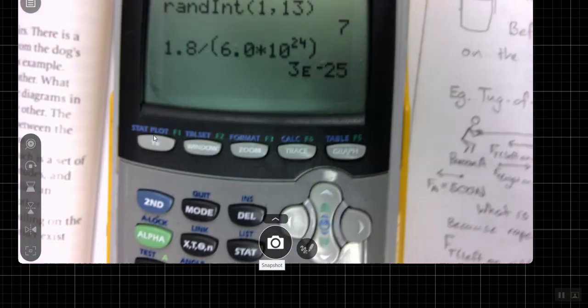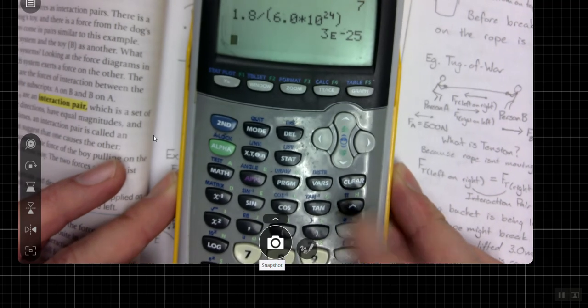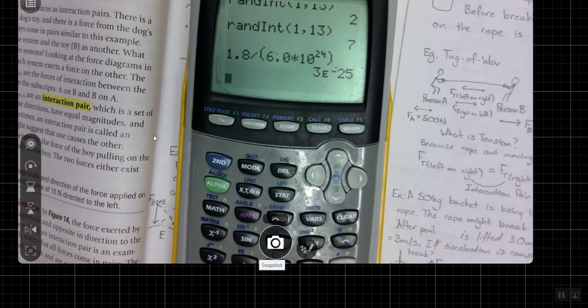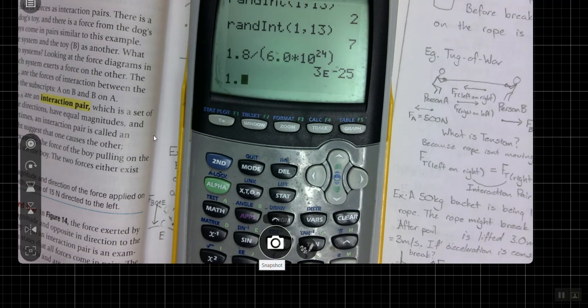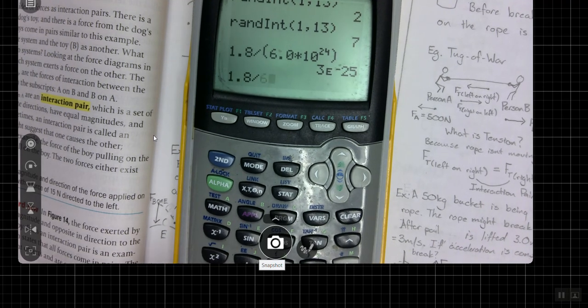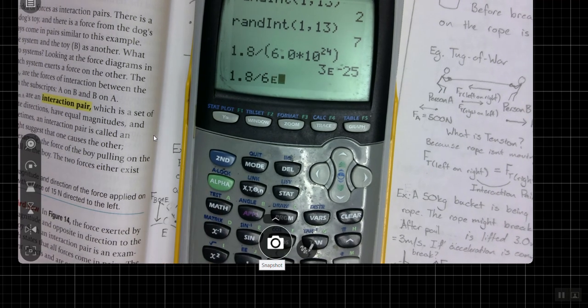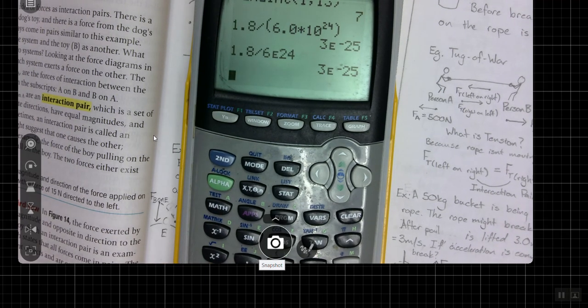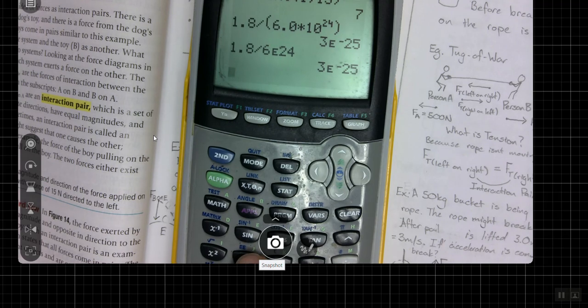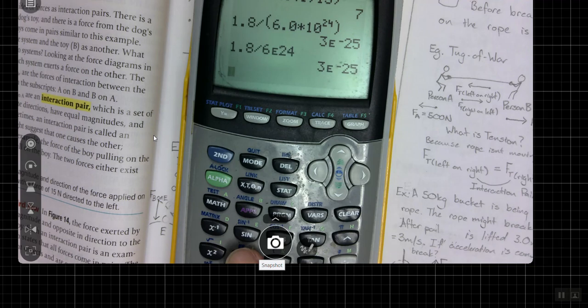I'm going to show you a shortcut because scientific notation will show up fairly often. If you look above the comma button, which is directly above 7, what's written in blue? EE. Okay, exponential. If we just do 6 EE 24, we get the exact same thing. We can save the times 10 to the whatever power. Did you get the same thing?